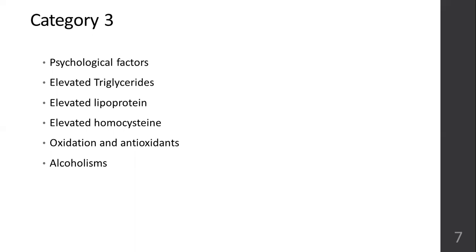When you are anxious, your blood pressure is high. When you are stressed, your blood pressure is high. So psychological factors also play an important role. Even too much stress can lead to the development of diabetes mellitus.